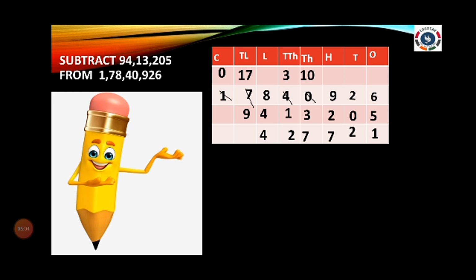The 7 gets 1 from the crore, so the crore becomes 0, and the 7 becomes 17. 17 minus 9 is 8. Then the next one, crore, you have nothing, so 0; you can write it or leave it. Now what is the final answer? 84 lakh 27,721. Have you understood that?